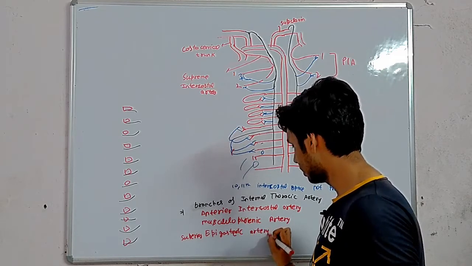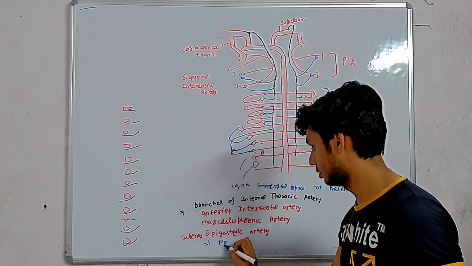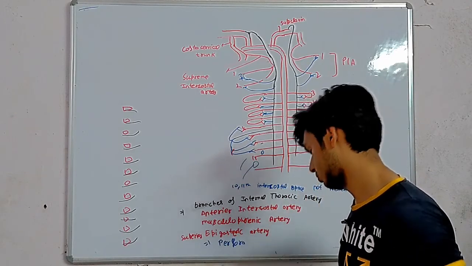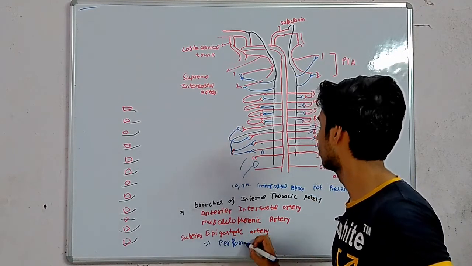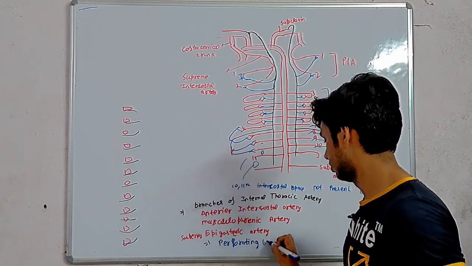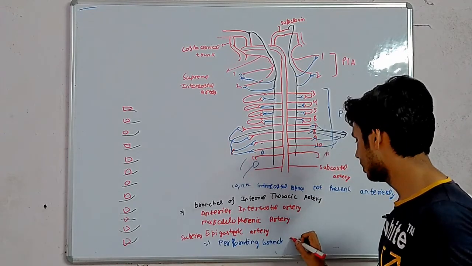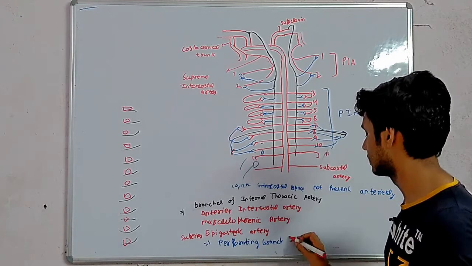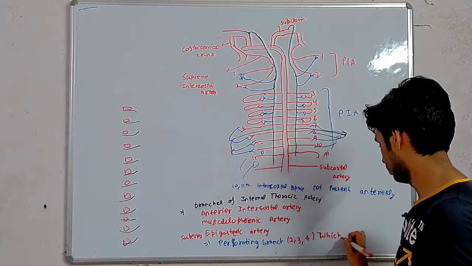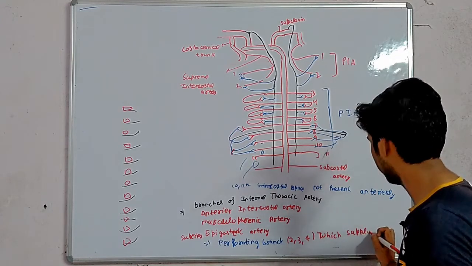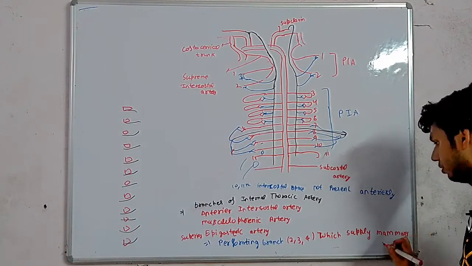Then another branch of the internal thoracic artery, in females, is the perforating branch. The perforating branches are from the second, third, and fourth intercostal spaces, which supply the area of the mammary gland.